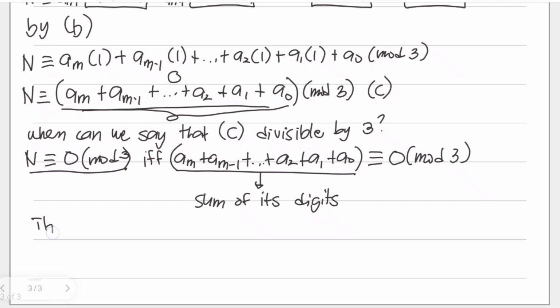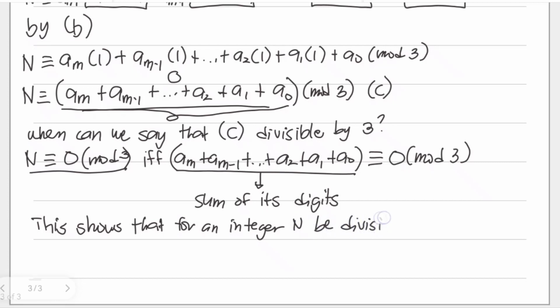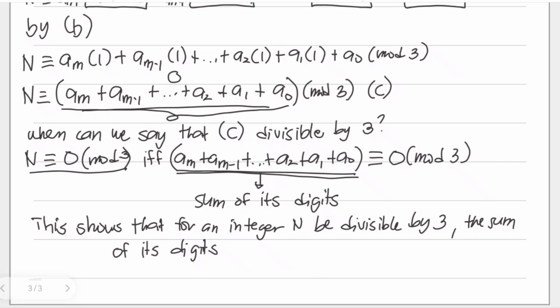This shows that for an integer n to be divisible by 3, this entire expression, the sum of its digits, must also have a remainder of 0 when divided by 3.